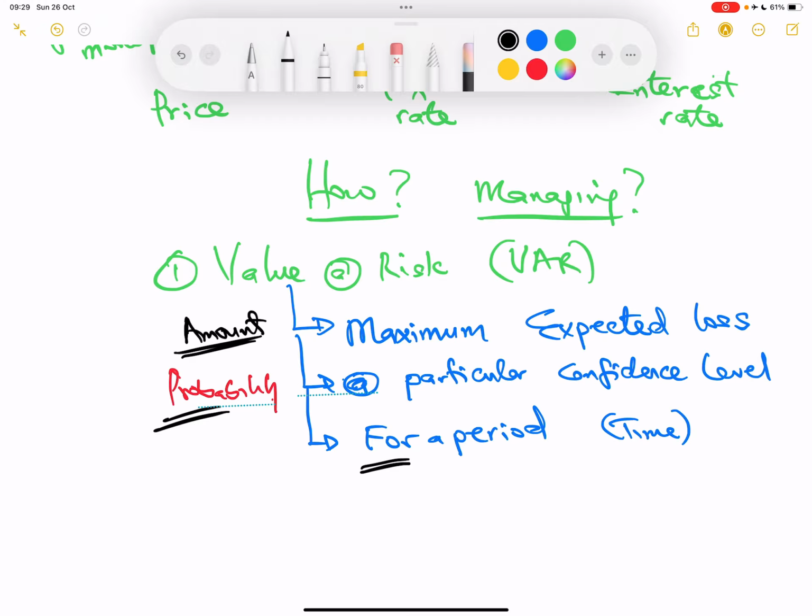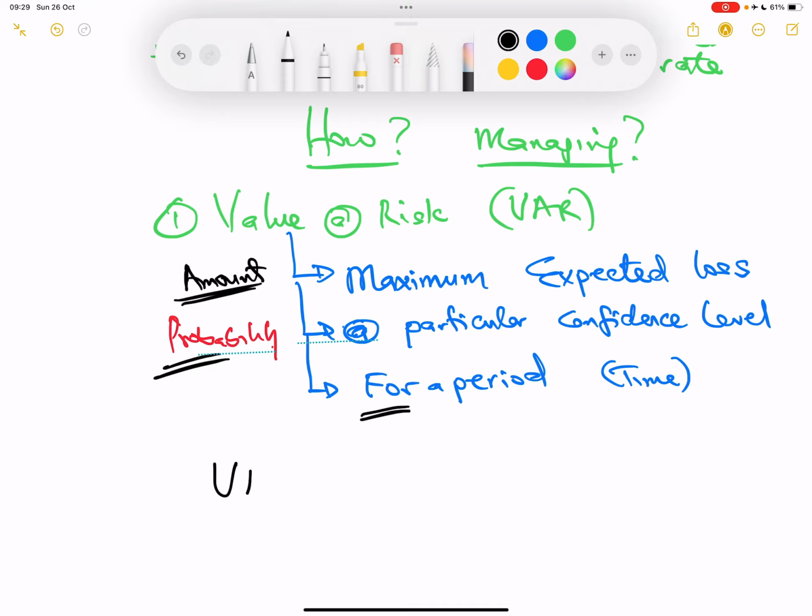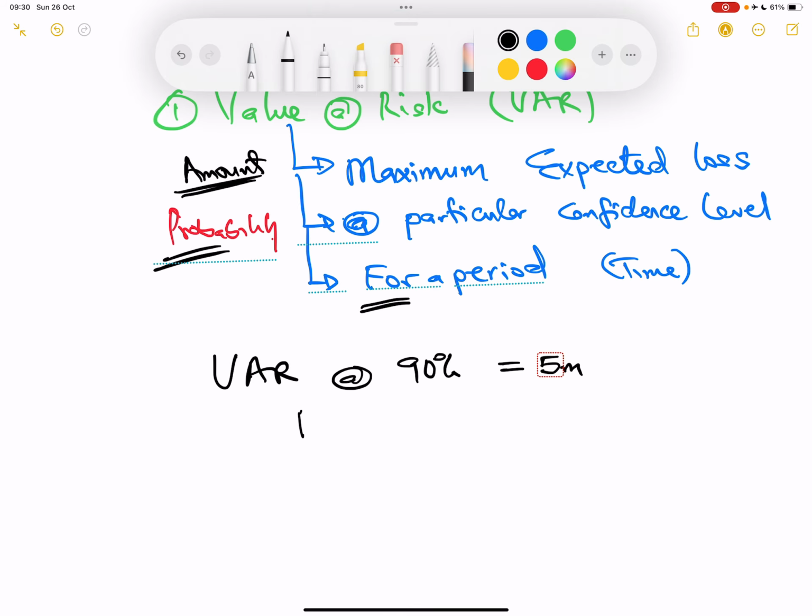So take for instance, if I say my VAR at 90% confidence is equal to 5 million, and let's say my portfolio, which means my investment, is valued at 50 million.